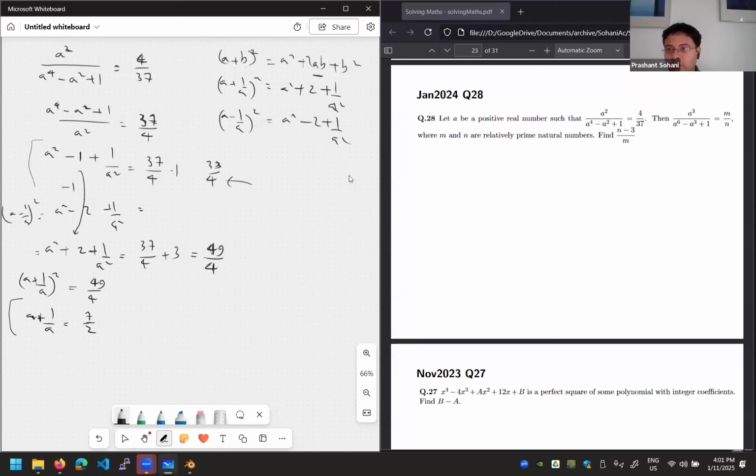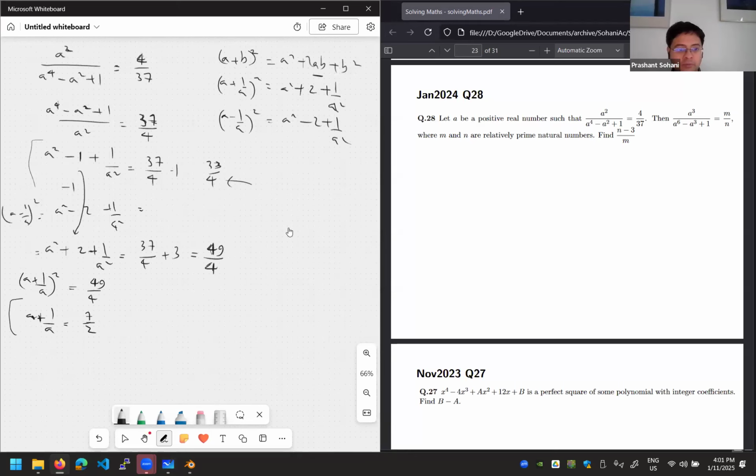Okay. And what have they asked? What they have asked is also of a very similar type. If I take the reciprocal over here, this a raised to 6 over a cube is again going to become like a cube and like that. So this is looking very similar to that.